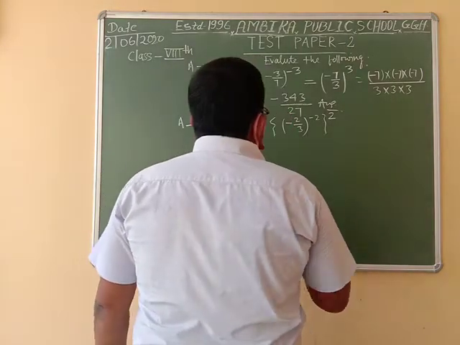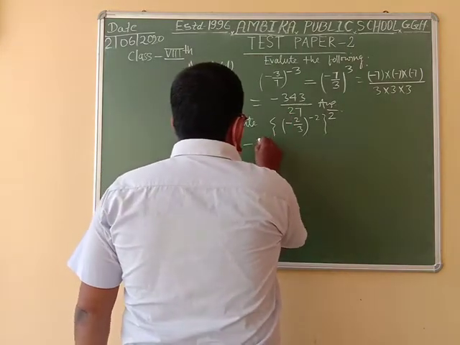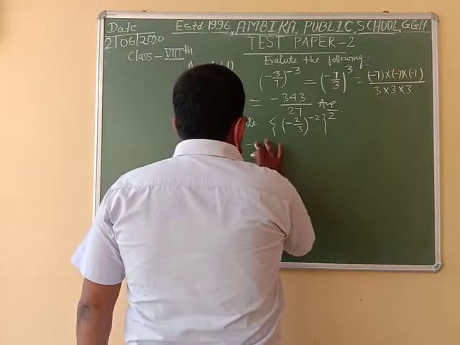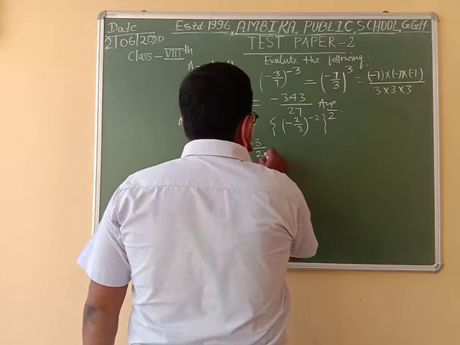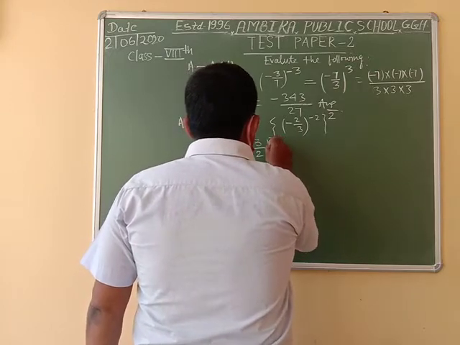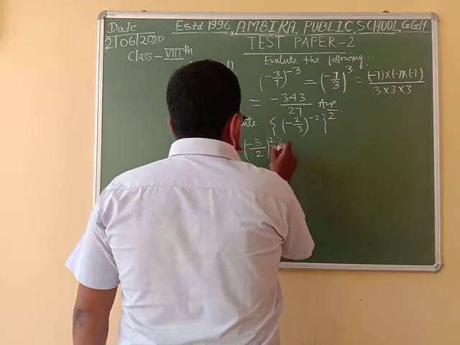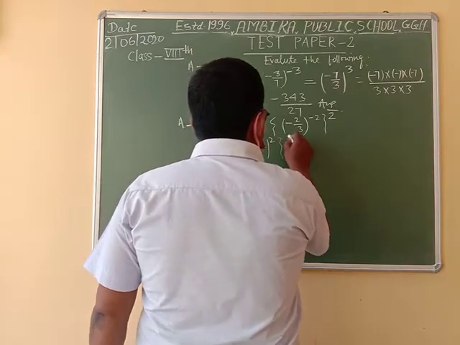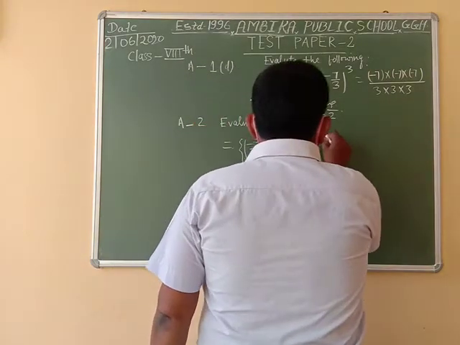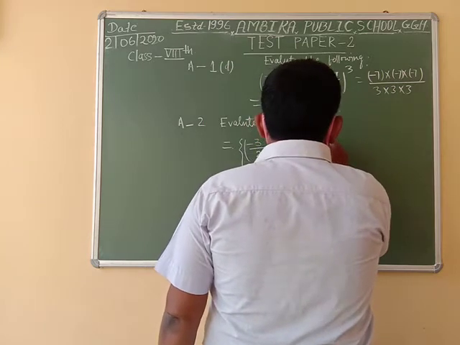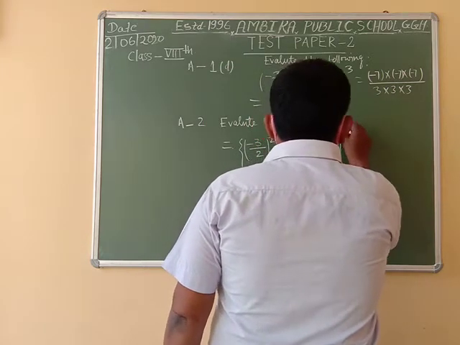So to solve, we can write (-3/2) to the power 2 and whole to the power 2, which is equal to (-3/2) whole to the power 4.